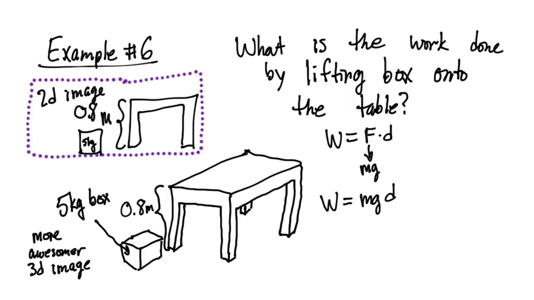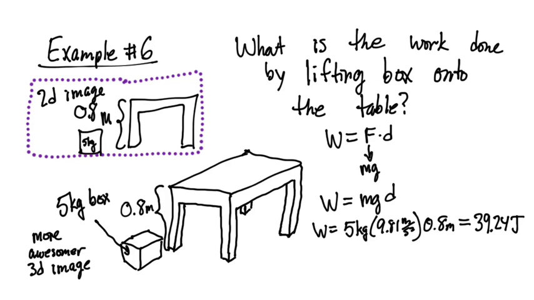So gravity actually does negative work on the object as it's moving to the table. But the force we use to lift the box is pointing in the same direction as the motion of the box as it goes upward. So the work we do on the box is equal to 39.24 joules. At the same time, gravity does negative 39.24 joules.